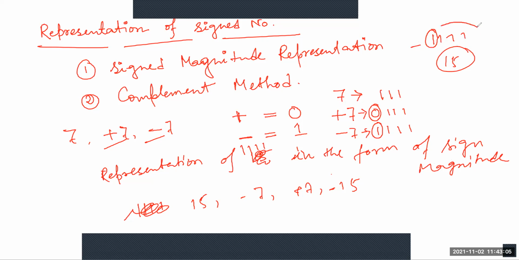So we have 3 bits, that is 1 1 1. 1 1 1 means 7. So in that case the right answer is minus 7. If sign magnitude is not given, in that case the answer is 15. Is it clear? Yes, sir. This is the significance of the sign magnitude form.